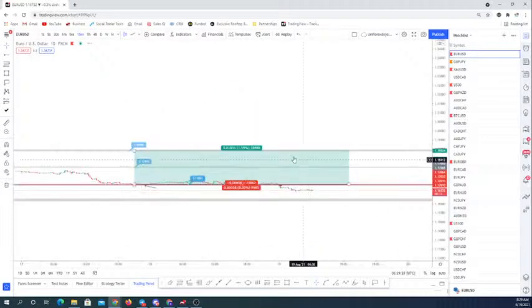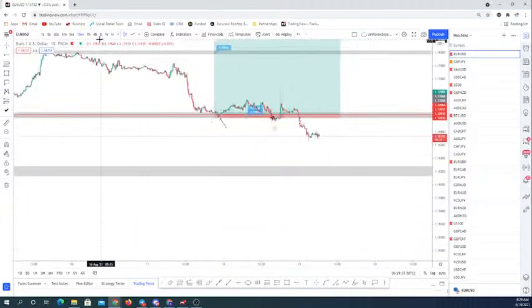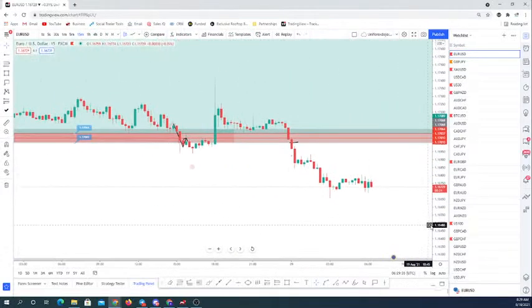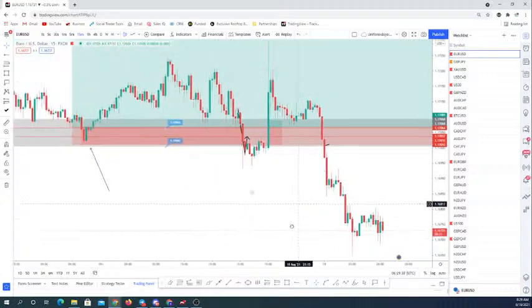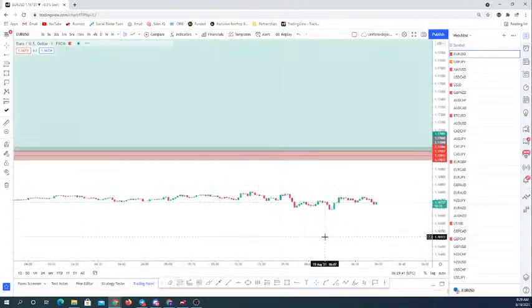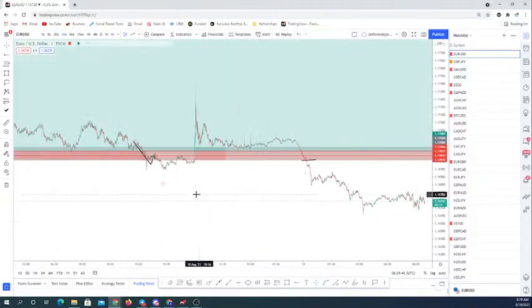Okay, so we've got this trade here, and like I mentioned, if you're too slow, you would have missed this trade. Because we use very tight stops, by the time the trade gets triggered, I'm going to go into a 1 minute time frame so you can take a look at what it did here.